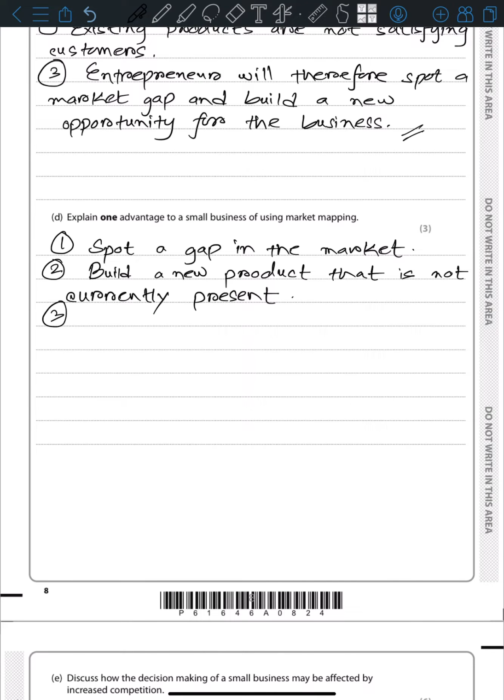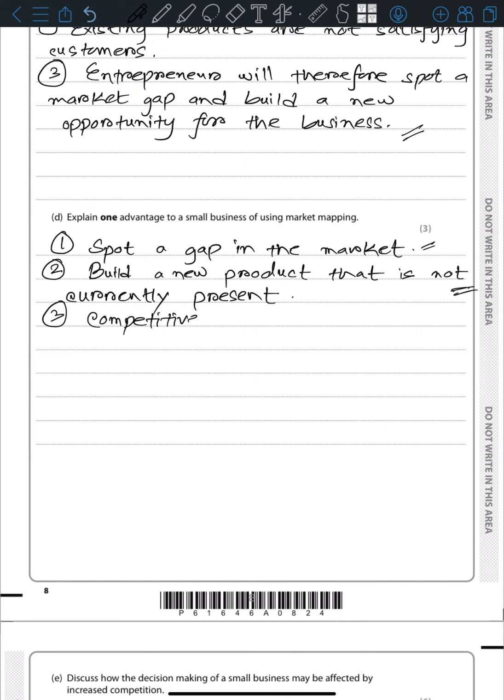And how will this in turn help me? So we're building upon each point. This will mean that we will have a competitive advantage. We will have a greater market share because there is a market gap, meaning the product is not currently produced. However, the consumers want that product, so we are making it.